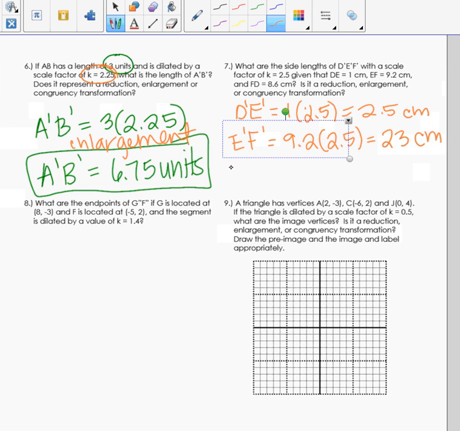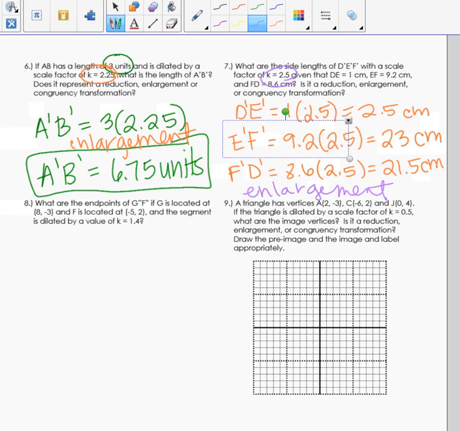Okay, and then for F prime, D prime, you're going to take the original 8.6 measurement and multiply it by your K value of 2.5, and the final image would be 21.5 centimeters. So obviously, because our scale factor is 2.5, this is an enlargement. Okay, so that final figure would be 2.5 times bigger than the original.